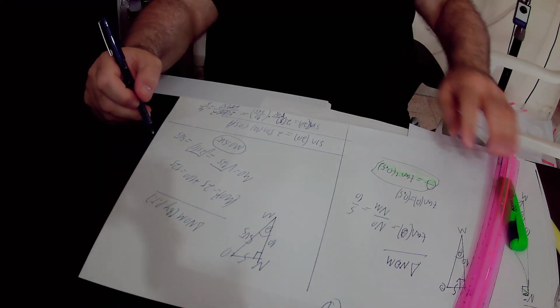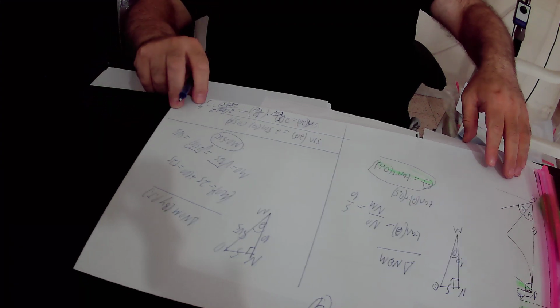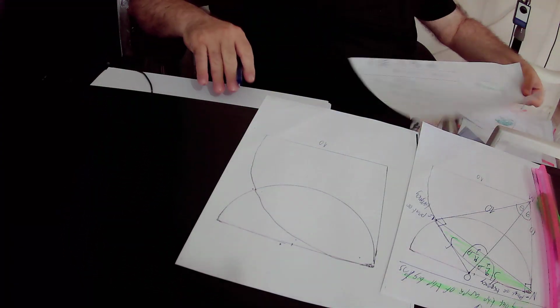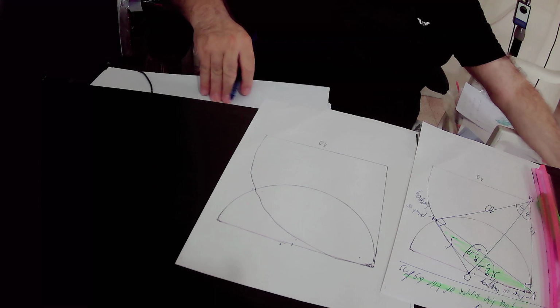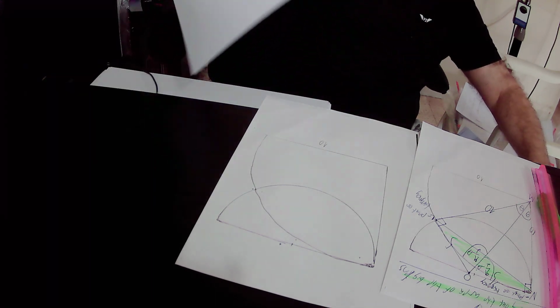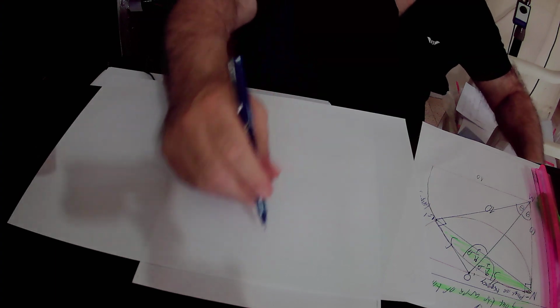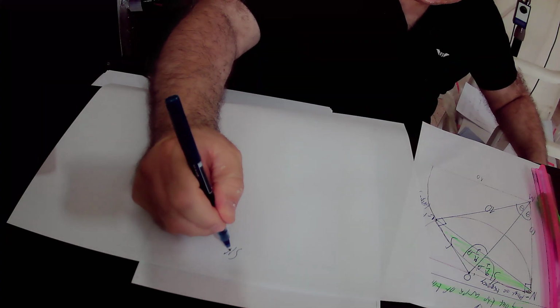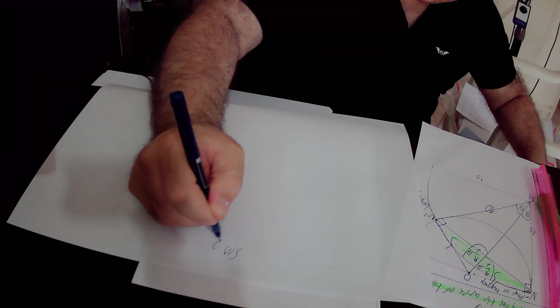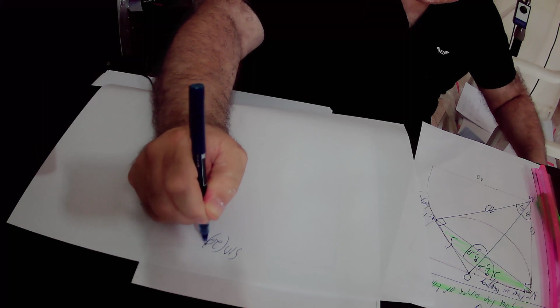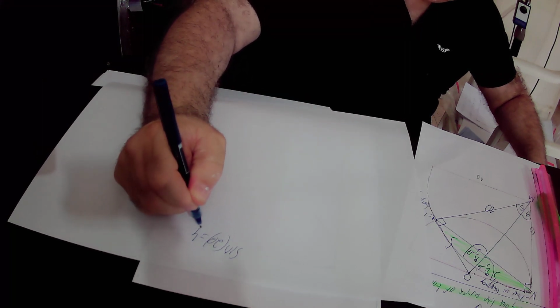So in conclusion, sine 2 theta equals 4/5.